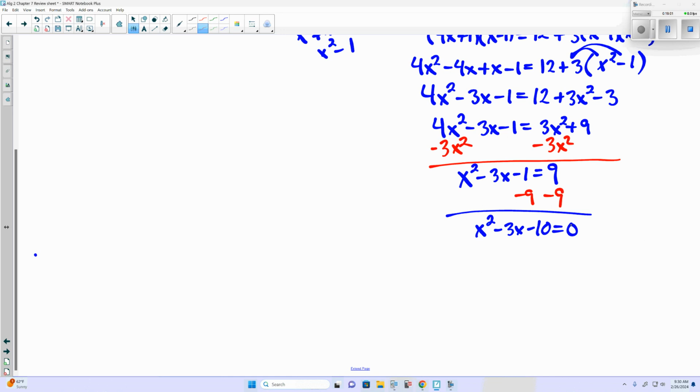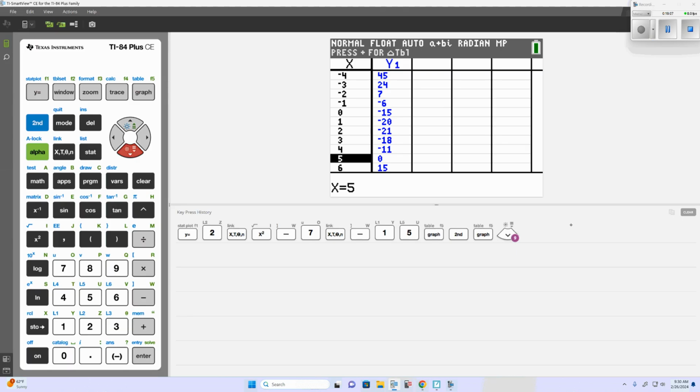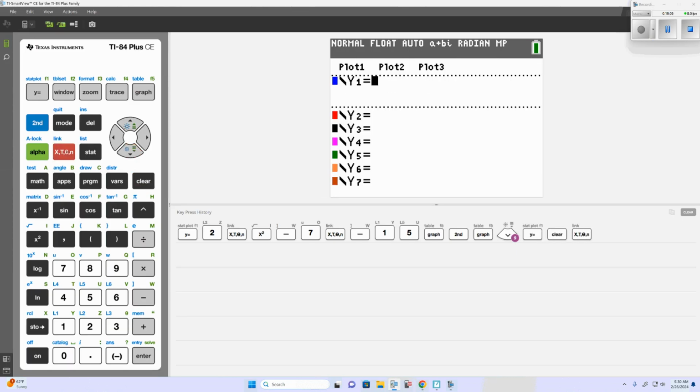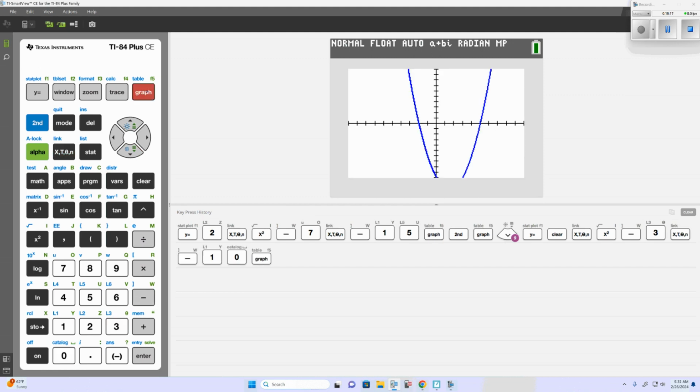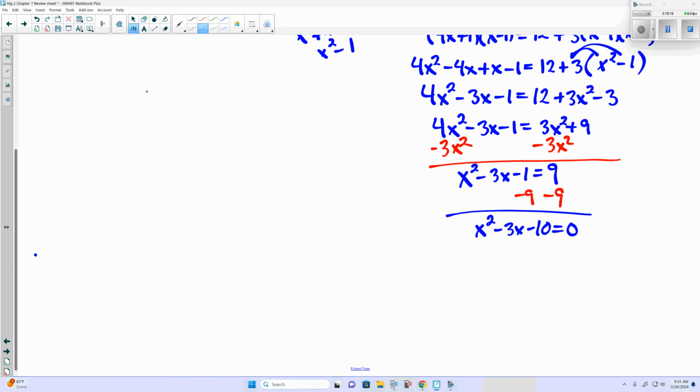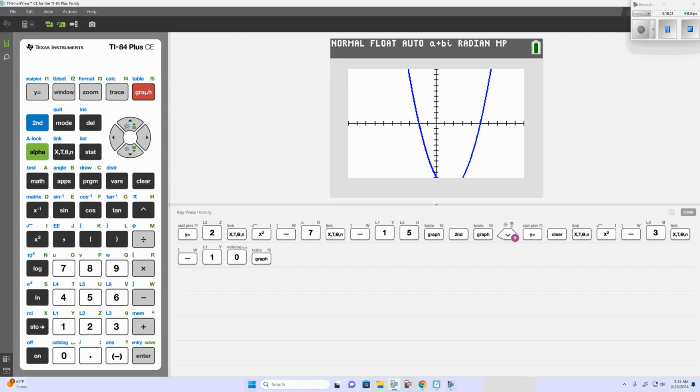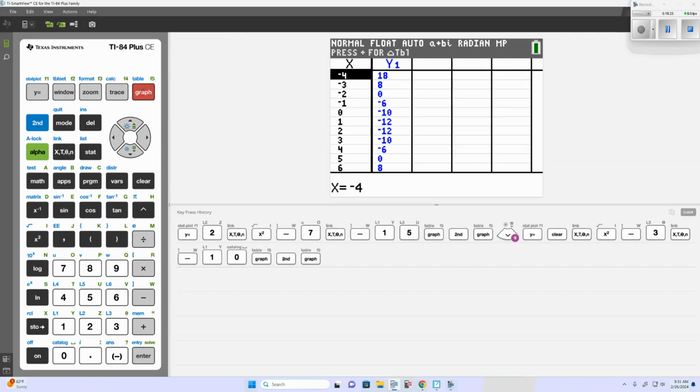Now, just like the last one, we can factor this. Two sets of parentheses, our signs, go through the whole process. Or we can also graph it. X squared minus 3x minus 10, yes? Yep. We see it crosses at 2 points. Negative 2 and 5.